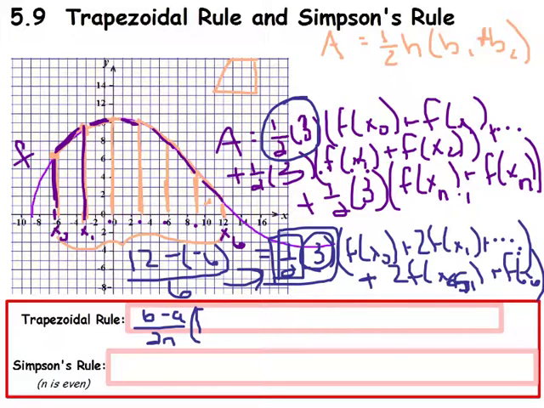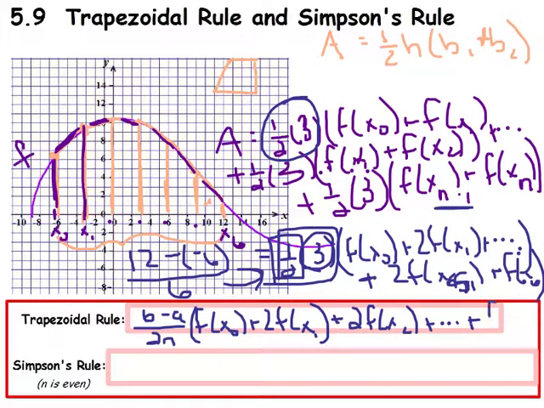And then we have f of x sub 0 plus 2 f of x sub 1 plus 2 f of x2 plus dot dot dot, and I'm going to run out of room. So I want you guys to write right here, plus 2 f of x sub n minus 1.